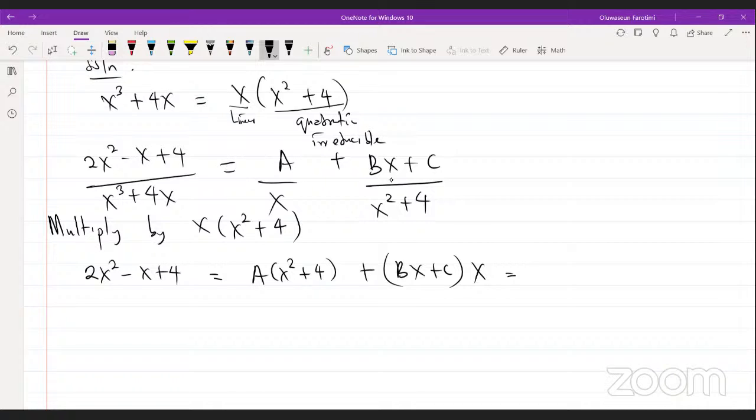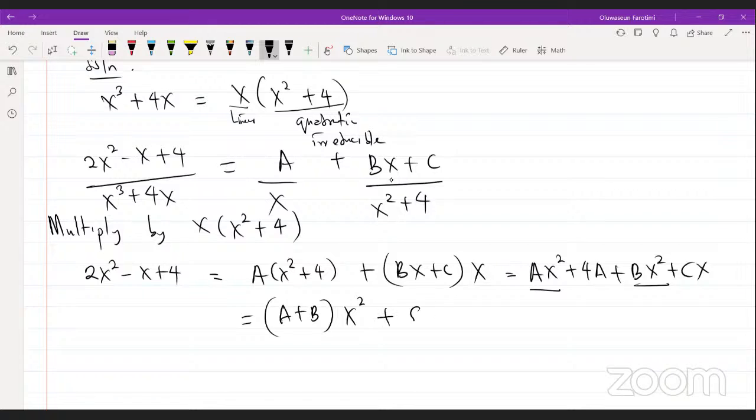If you distribute your right-hand side, you get Ax squared plus 4A plus Bx squared plus Cx. This is Ax squared, this is Bx squared. You can factor those, so you have (A plus B)x squared. Then you have Cx plus 4A.